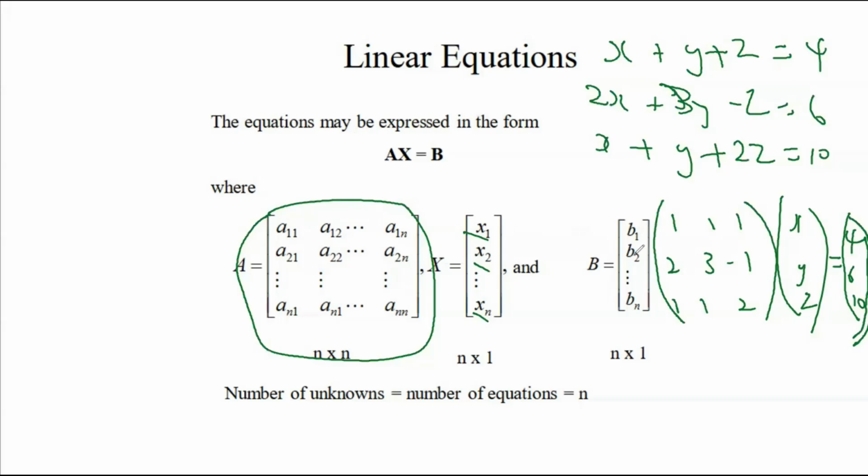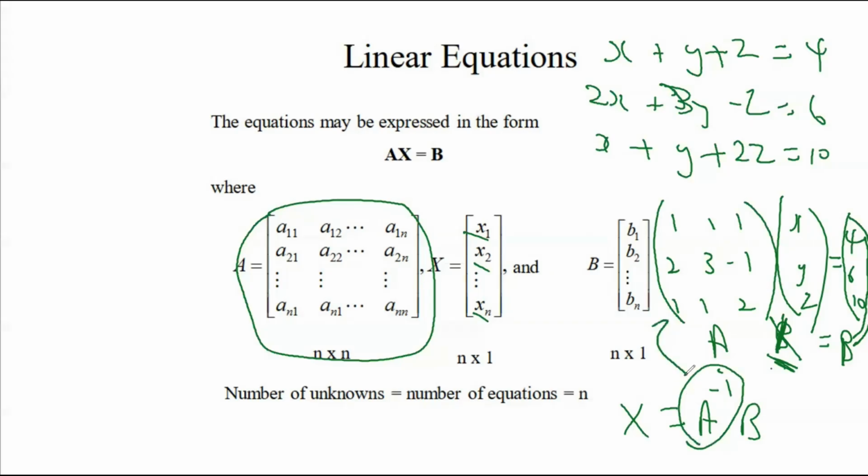They're telling you here that this is like A, this is like X, and that is like B. So if AX equals B, then X will be equal to A inverse B. So your big trouble is to find A inverse, which is the inverse of that. That's your biggest worry.